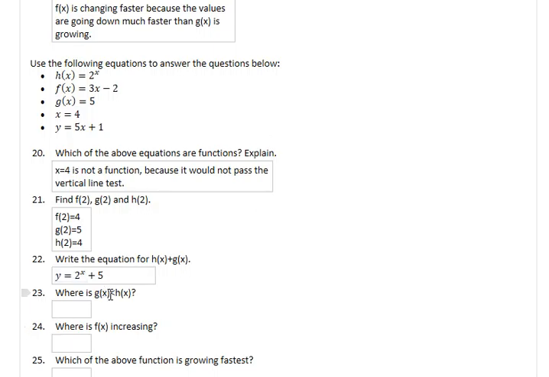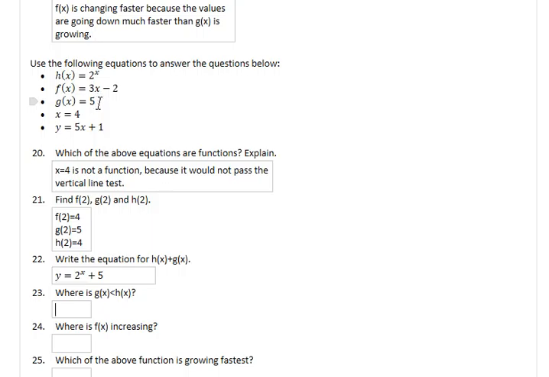All right. Here we have g of x is less than h of x. Remember that g of x is just 5. It's a horizontal line at y equals 5. And h of x is this 2 to the x power thing. The way that I did this was I went into GeoGebra and graphed these two lines on the same coordinate plane, and I looked for where they crossed, because it's that crossing point that you're looking for.